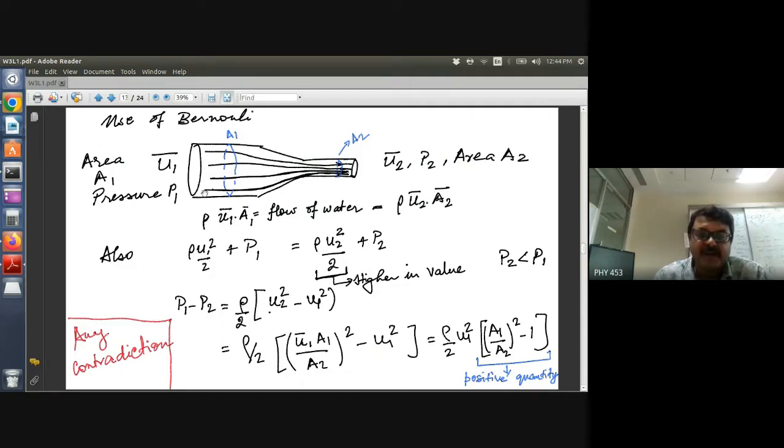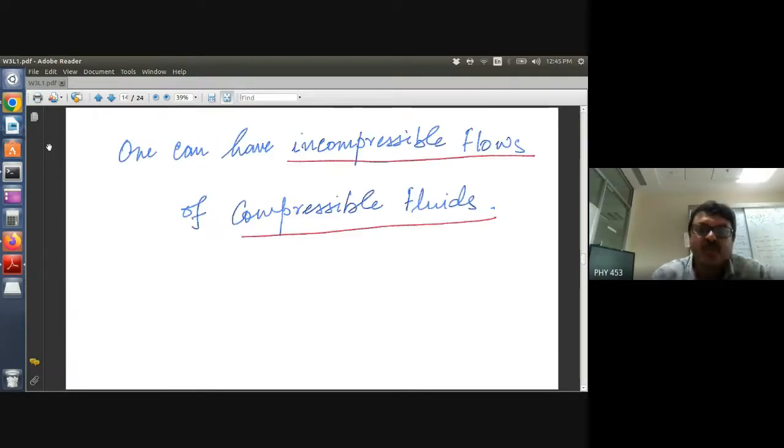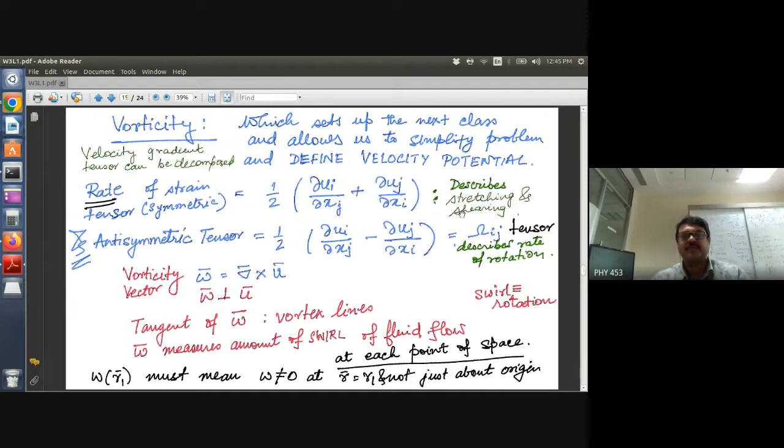So the pressure has decreased, the internal energy density has been converted to kinetic energy density, but the density has not changed. The flow u as a function of x, y, z is such that divergence u is always equal to 0. So that is being satisfied. So one can have incompressible flows of compressible fluids.